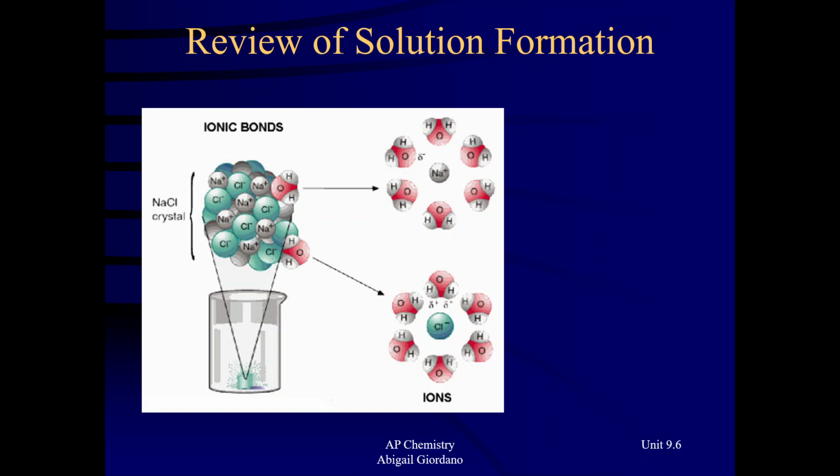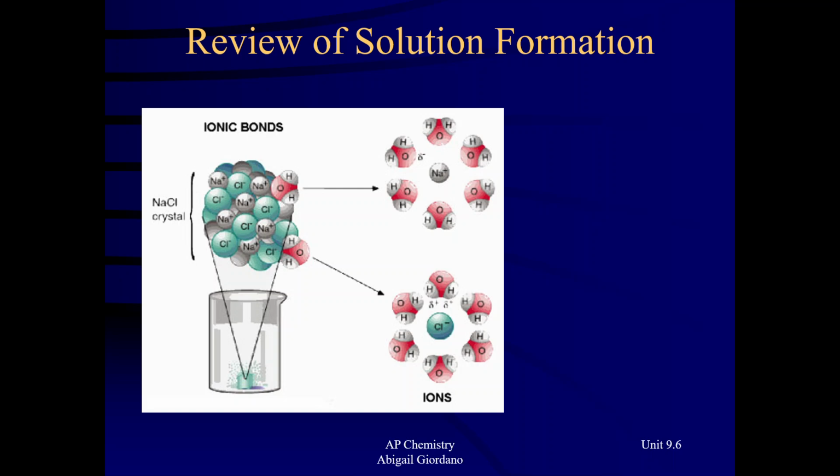Step 2 is expanding the solvent. And step 3 is the interaction between the solute and the solvent. In the case of an ionic solute, as we're seeing in this image, water forms almost a cage of molecules around each ion.